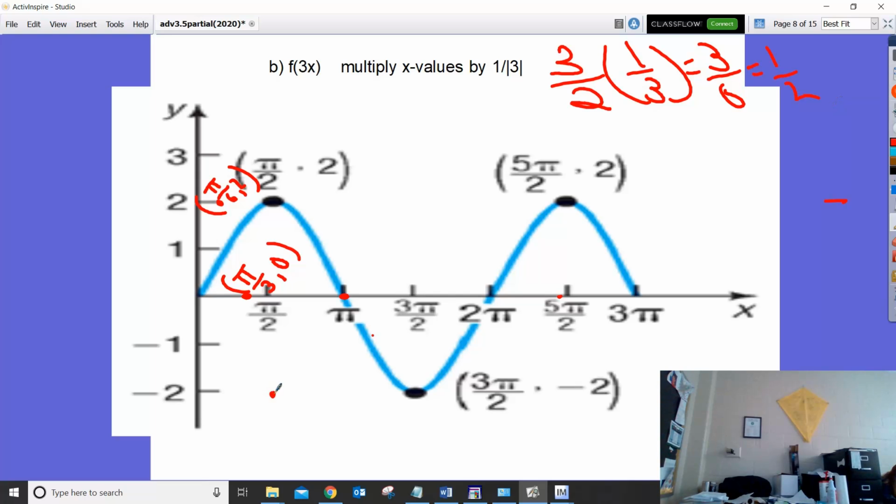Well, that guy's about right there. Pi over 2, negative 2. 2 over 3, maybe? No. 2 over 3 would be a little bit to the right of the half. How about that guy?